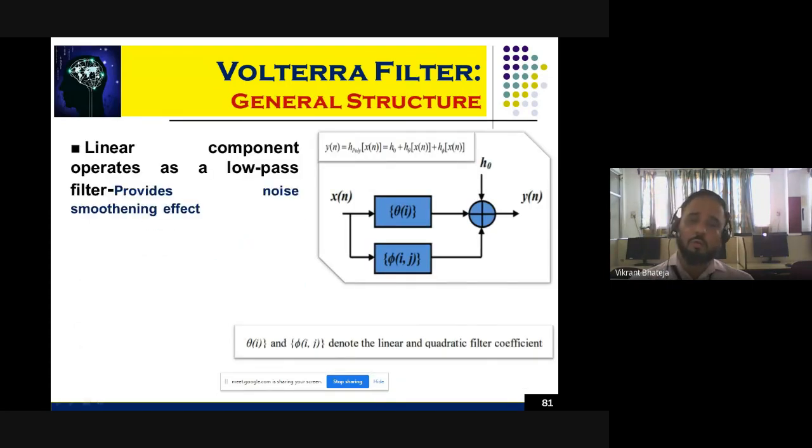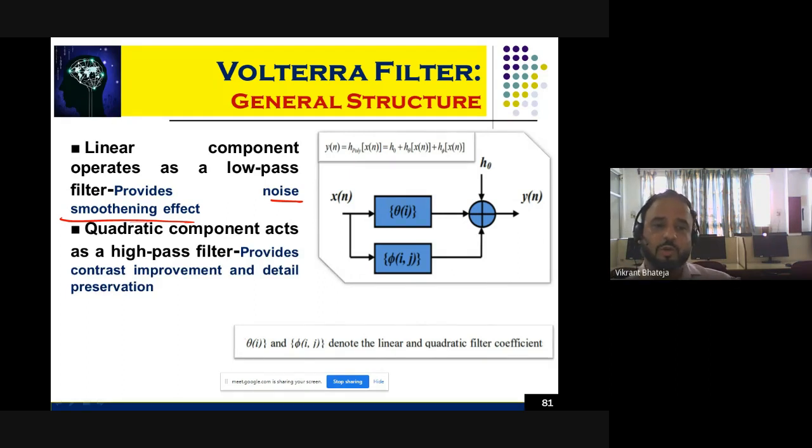Now, what does this linear and quadratic combination try to provide you? Why have we taken it like this? If you see, this linear component is operating like a low pass filter over here, because we have seen that linear components are good for noise filtering. They are good for providing a noise smoothing effect. Now, the quadratic filter is acting as a high pass filter.